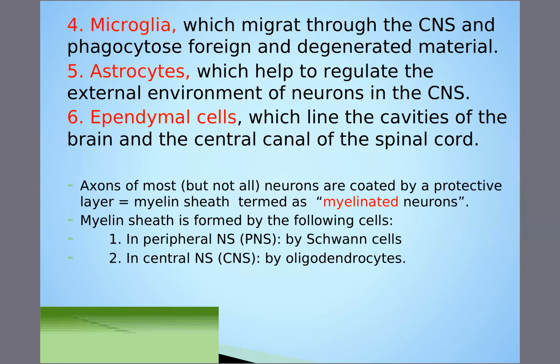While we have the ependymal cells, which lie in the cavities of the brain and the central canal of the spinal cord. The axons of most, but not all, neurons are coated with a protective layer, which is called the myelin sheath, or myelinated neuron. So we have some neurons with a myelin sheath and others maybe with no myelin sheath. It is formed by the following cells. In the peripheral nervous system we have Schwann cells, while in the central nervous system we have oligodendrocyte cells.